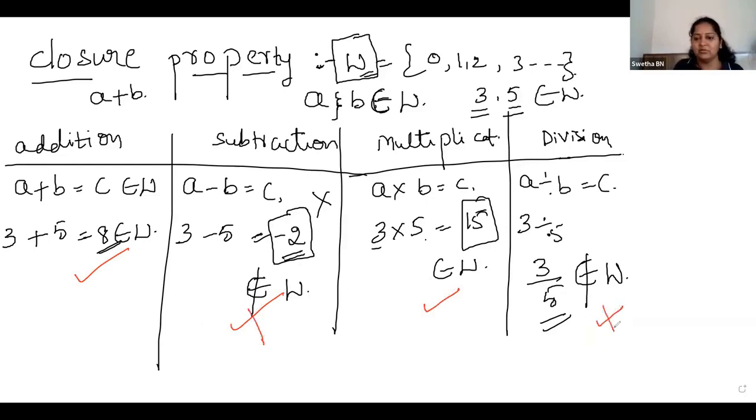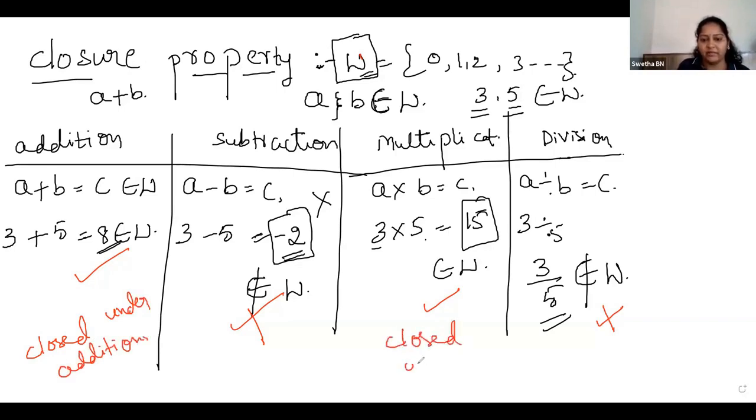ಅಲ್ವಾ? So ಏನ್ ಹೇಳ್ಬೇಕು ಅಂತಂದ್ರೆ, see, for whole numbers the law holds good anta ಹೇಳ್ತೀವಿ. Okay, or it is closed under addition. Closed under addition. Okay, it is closed under multiplication. ಹೌದಲ್ವಾ?